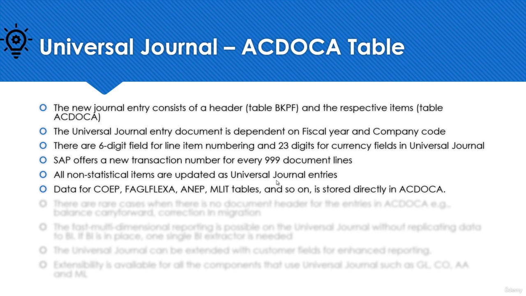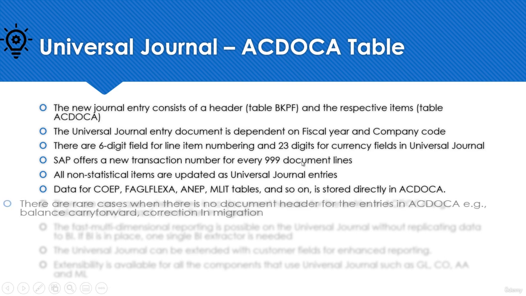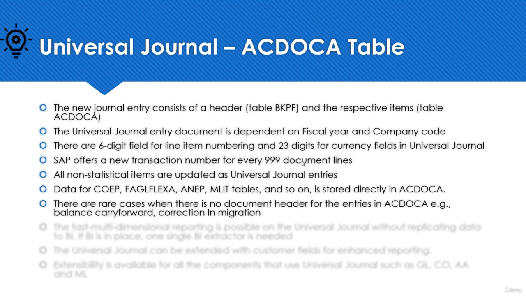Because with FAGLFLEXA, we need reconciliation efforts to bring the data from other modules. But with ACDOCA table, all the line item data from different components is stored in ACDOCA table. There are rare cases when there is no document header for the entries in ACDOCA, for example, balance carry forward document, correction in migration, etc.